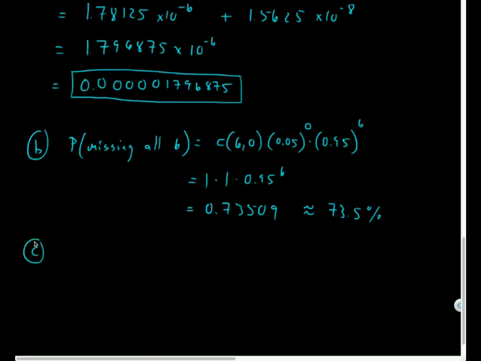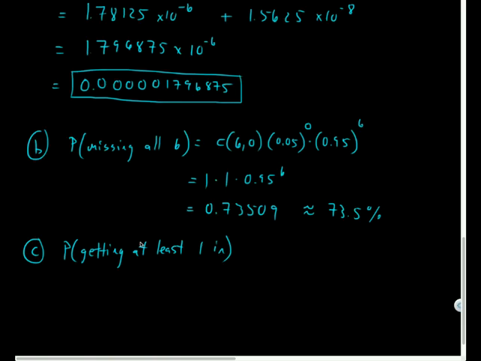What if I added this question? What is the probability of getting at least 1 shot? Getting at least 1 in out of my 6 attempts.